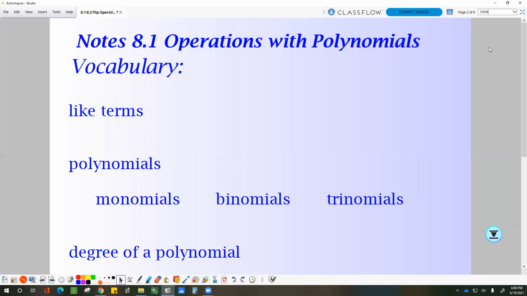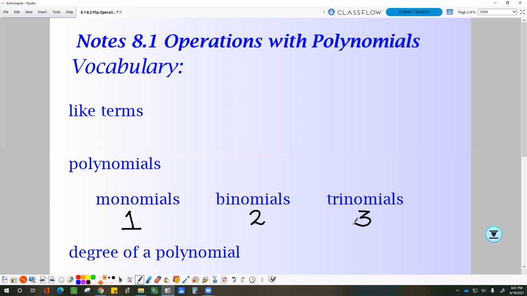Those would be considered like terms. For polynomials, I name them by how many terms there are. So monomials have one term and binomials have two. Trinomials have 3 terms.